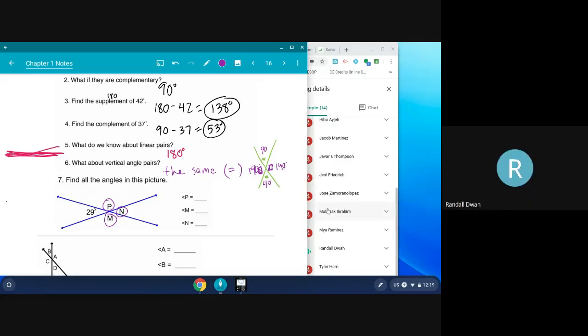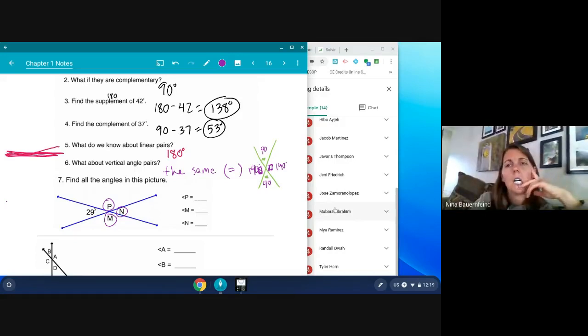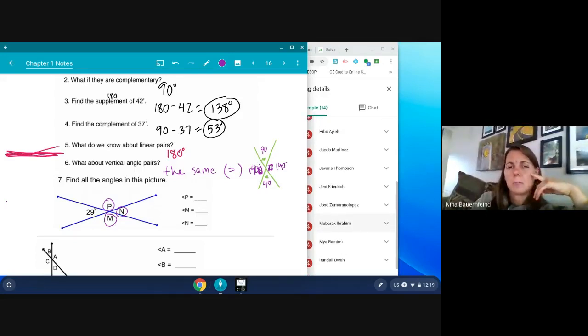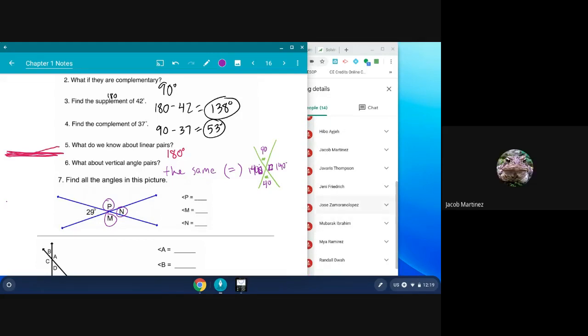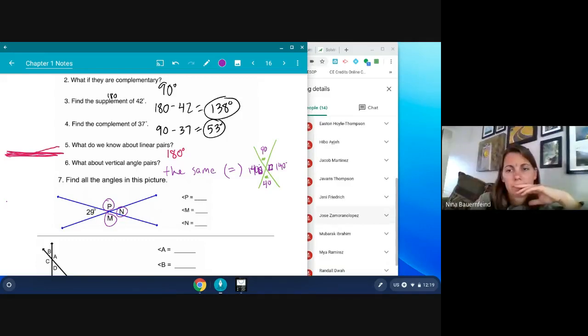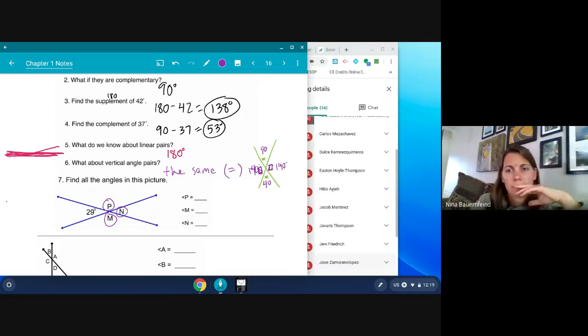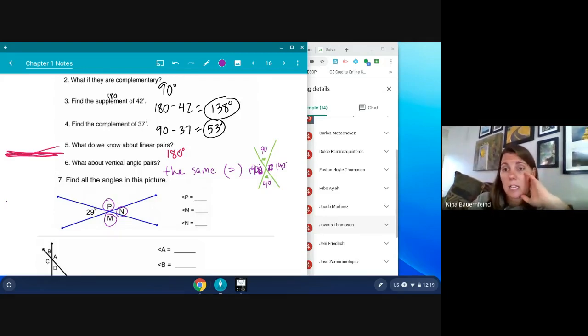Jacob, would you be willing to try one of them? Not really. Okay. Easton, do you have an idea about what one of these three angles would be? Okay, how about anybody? Does anybody have an idea of what one of the angles is?